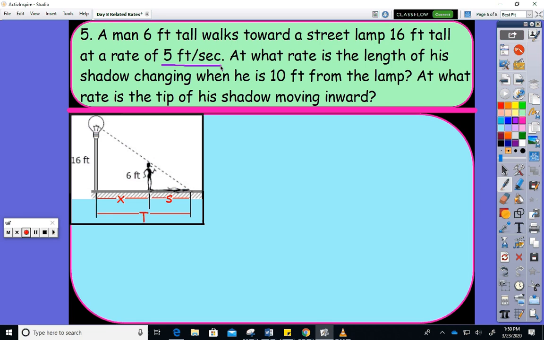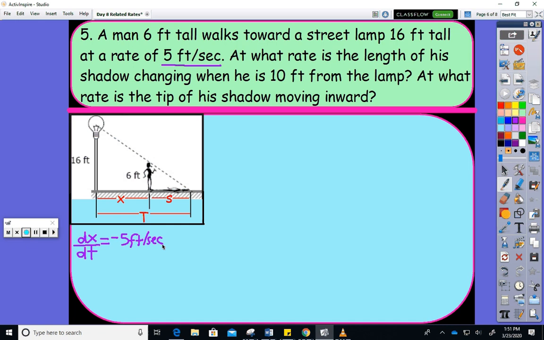So the 5 feet per second must be the change in the man's position, so the change in x over time. And I'm going to put in a negative because x is shrinking, or the man's moving to the left instead of the right. So I think that rate's going to be negative, just FYI.